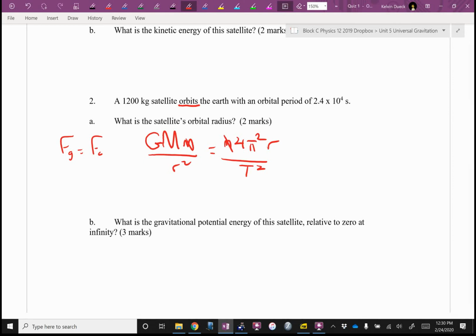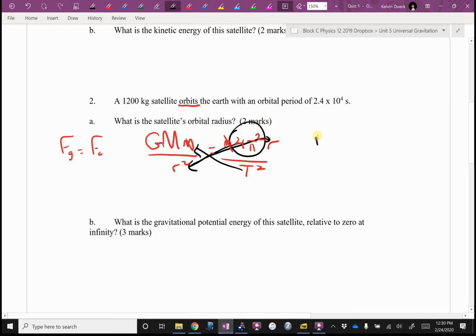No. Common mistake: kids move this r to there, and they think, yeah, no, you've got 1 over r cubed, and we can't solve stuff that's on the bottom. So I'm going to move both of those r's to there. I'm going to move the t squared to here, and I'm going to move the 4 pi squared to the bottom.